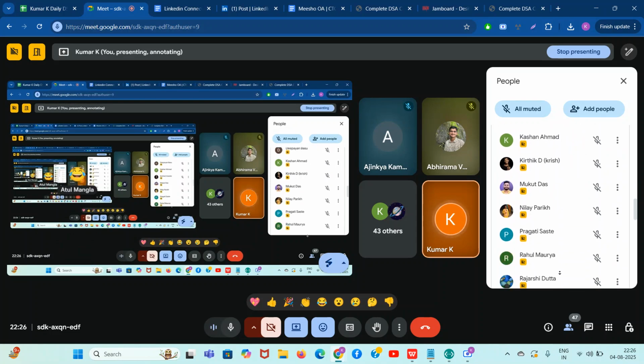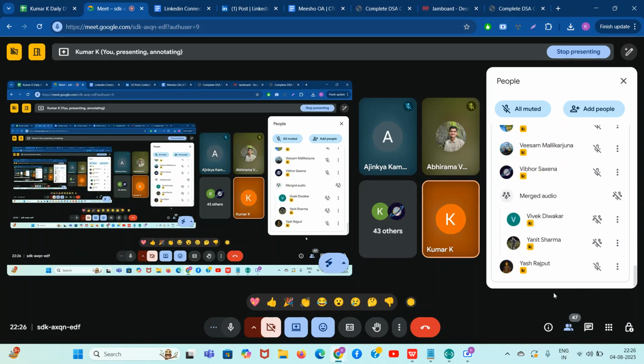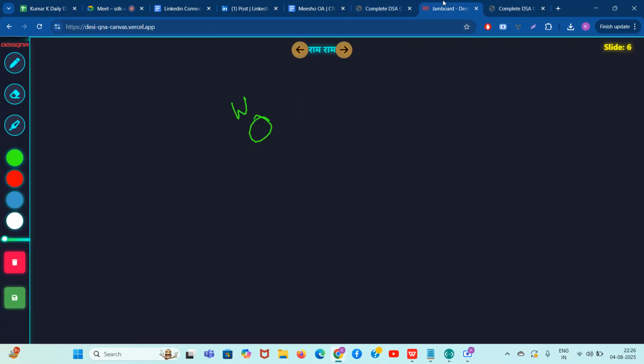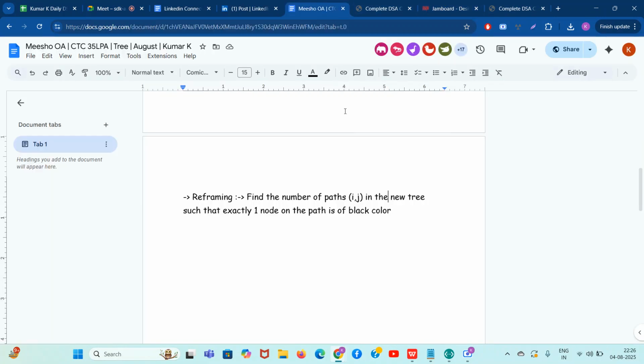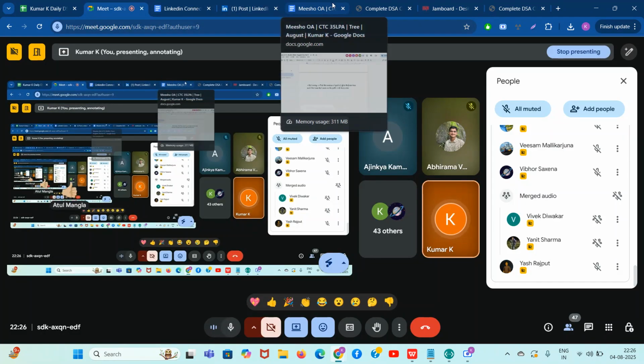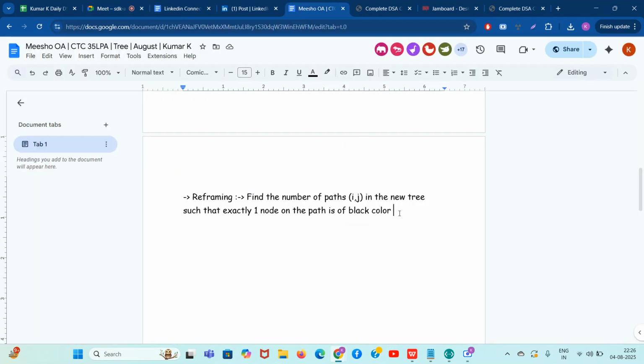Okay, Atul is there by the way, so we better be serious about it. And Atul, this is a Meesho problem, okay? Don't change the words, just remember that. Okay, yeah, so just focus here. The actual reality, Atul thinks this is some other OA problem, which might be true, but as far as I know this is a Meesho problem.